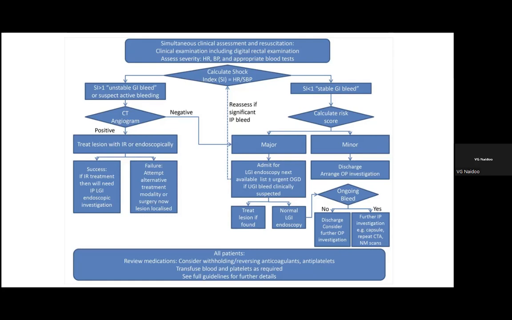What I mean by provocative angiogram is that as the angiogram is being performed, you heparinize and try and provoke a GI hemorrhage.